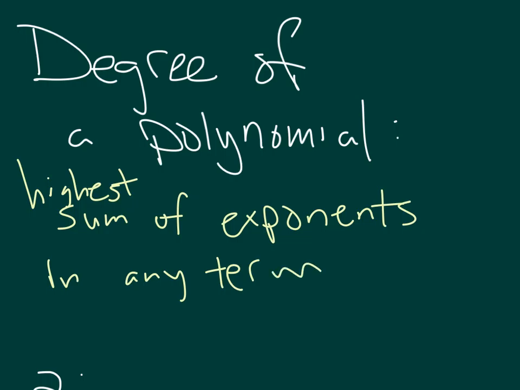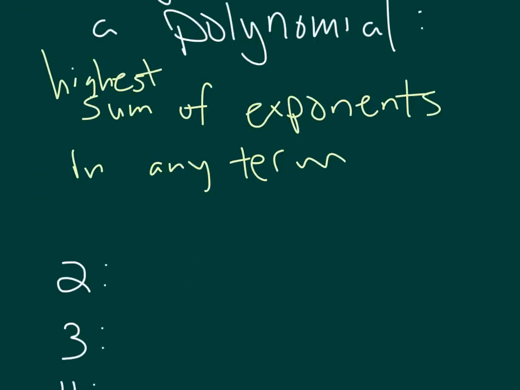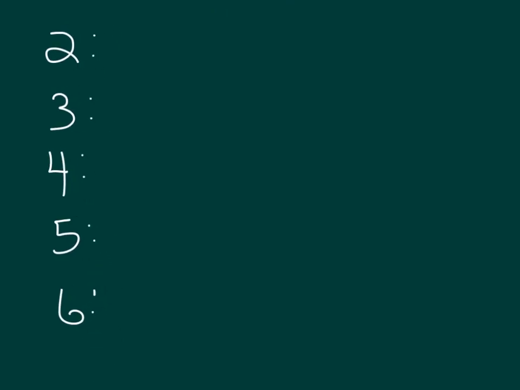So if I have an x squared and a y cubed, that would be a fifth degree term. What we're looking for is the biggest degree term, and that's the degree of the entire polynomial.